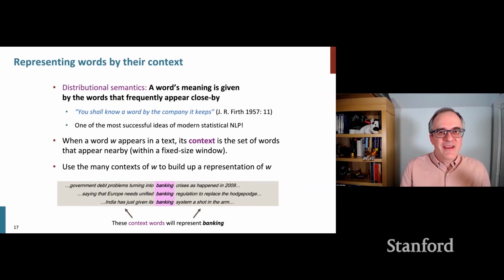J.R. Firth was a British linguist from the middle of last century, and one of his pithy slogans that everyone quotes at this moment is, "You shall know a word by the company it keeps."